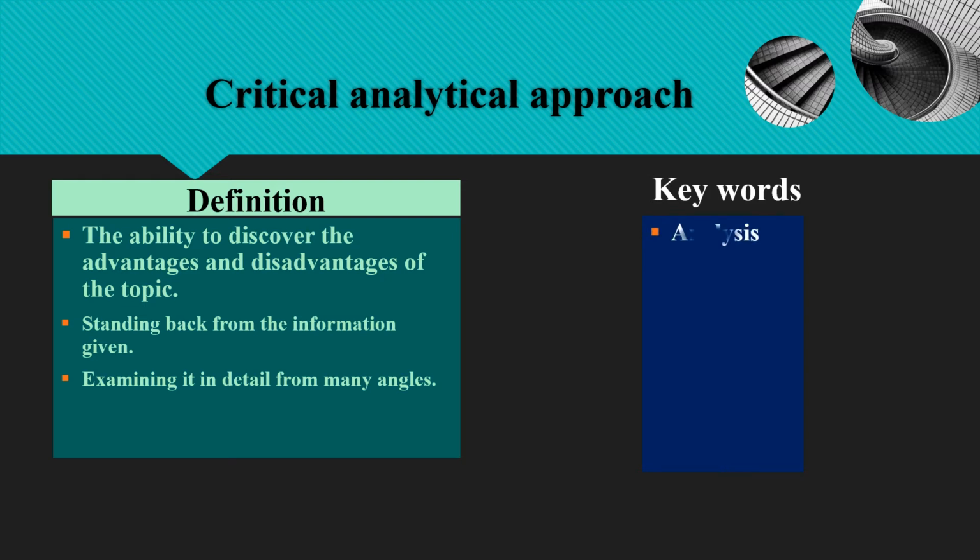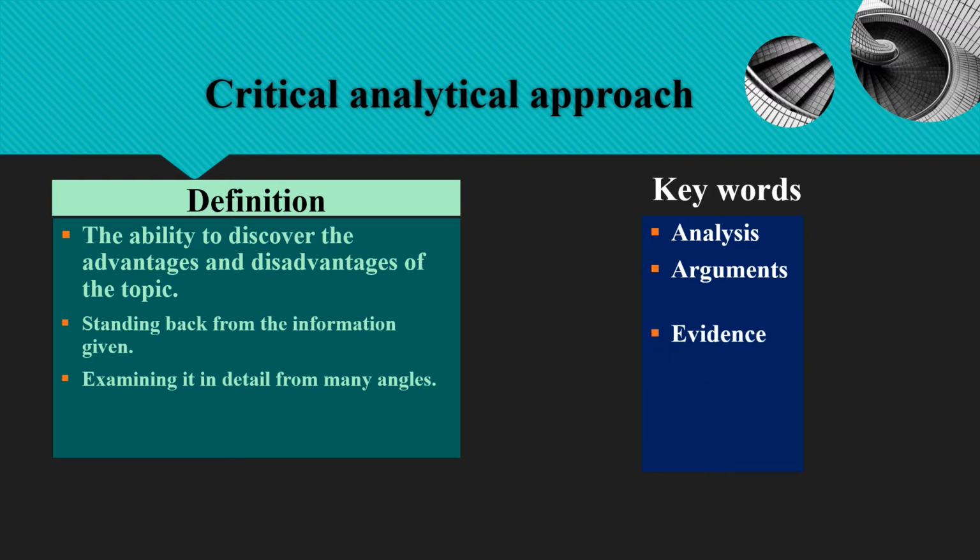So we need to know everything about this given information and discover its positives and negatives. Let us see the most important keywords related to the critical analytical approach. The first keyword is analysis, so we practice the analysis process here. Arguments, what does it mean? Argument is the discussion about the details of the topic that we propose, where we need alternatives and solutions to this topic or problem.